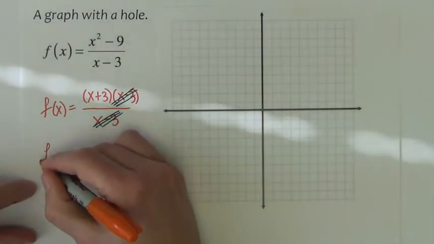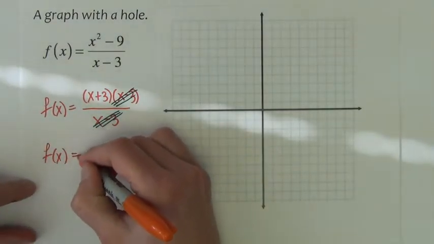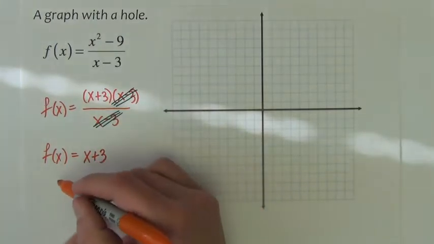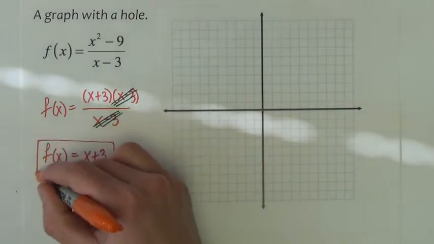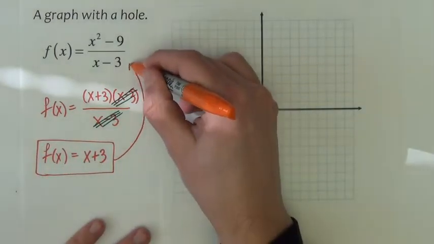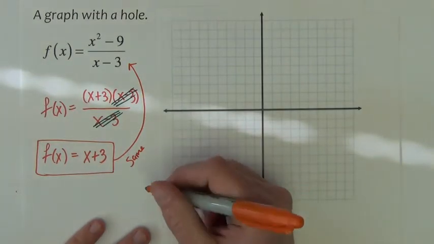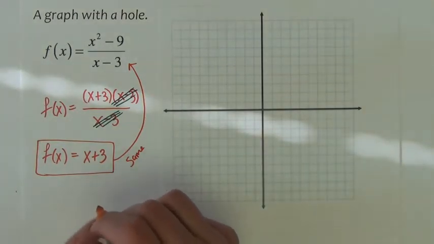So the function is essentially just x plus 3. This function here is the same as what we started with for every single point except one.